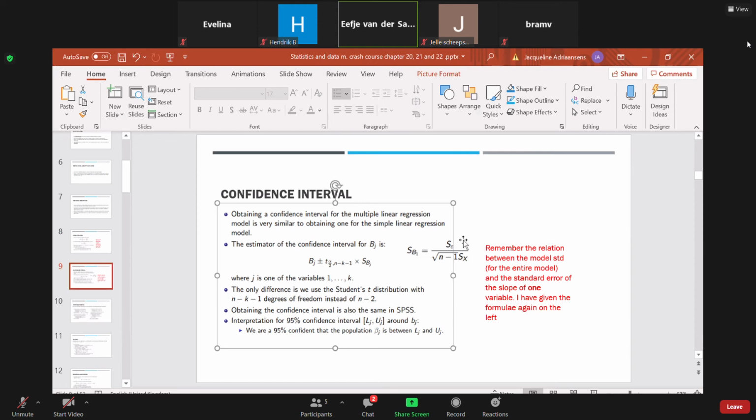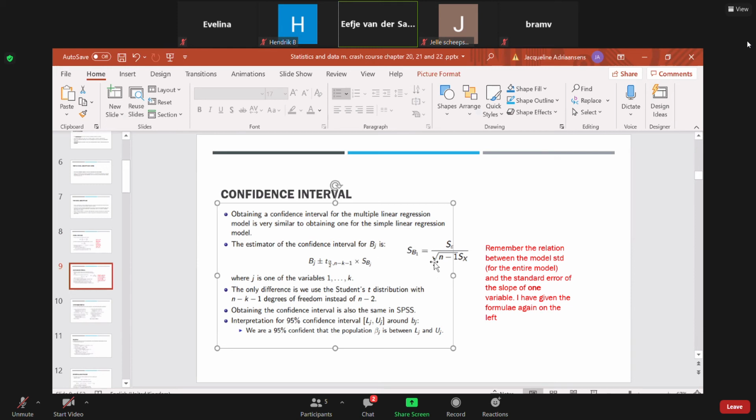Okay, and then your SB1 or your SBJ, because first remember we had B1 and SB1. That was because we only had one variable, and now we have multiple, so it can be any of those. So that's why there stands this J. I included this for completion, but you never have to calculate this. You don't need to know this formula. You do need to know this one again. It's actually the same formula as we discussed already, only with different degrees of freedom.